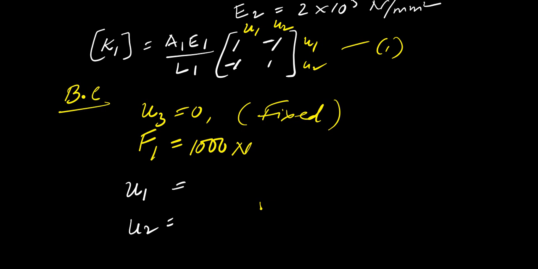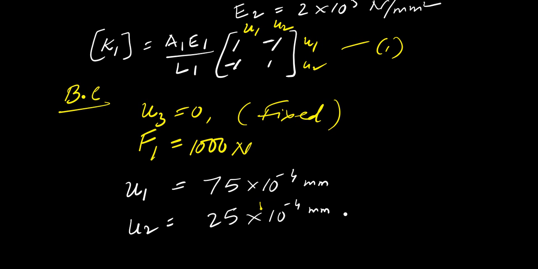From this solution I want to share the result. For U1 it is 75 into 10 power of minus 4 millimeter, whereas U2 is 25 into 10 power of minus 4 millimeter. These two are the nodal displacements.